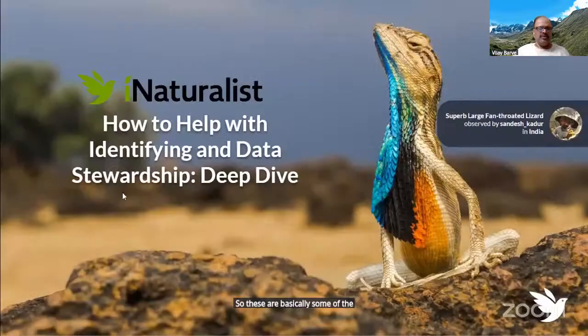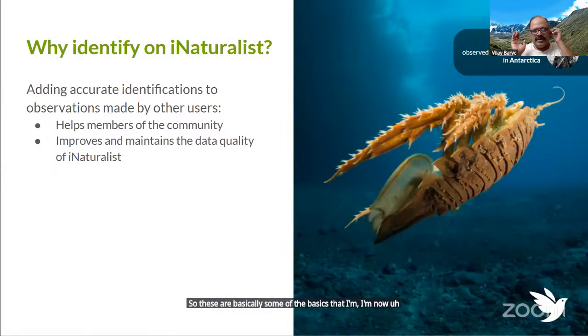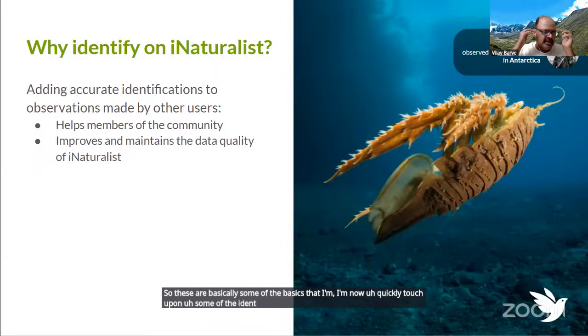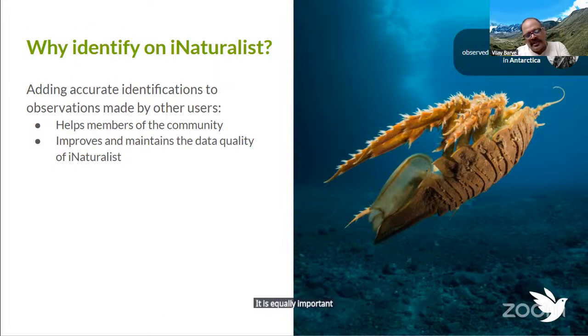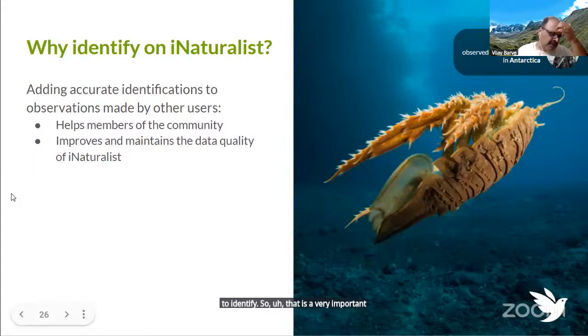Then I'll now quickly touch upon some of the identification aspects. For Asia Nature Challenge, it is equally important to also identify the records, not just to make a lot of records, but also help other members in the community to identify, and help ourselves in some cases to identify. That is a very important aspect, and everyone should try to do it to their capacity.